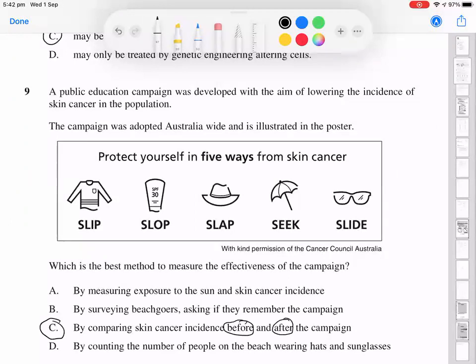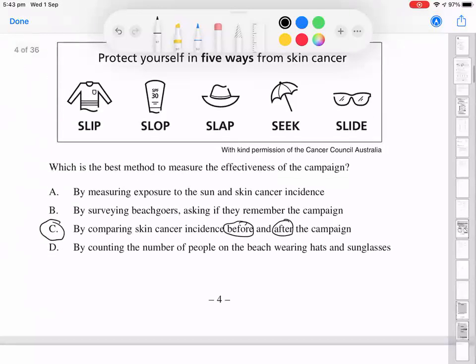All the other options aren't looking at whether or not the campaign has had any effect over a time course. So the other options are also plagued with poor sampling technique. So this is probably the best one out of the 4 answers.